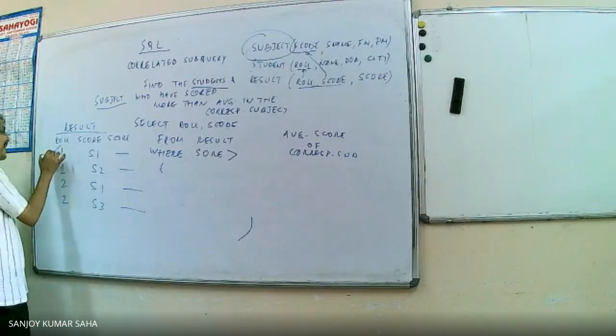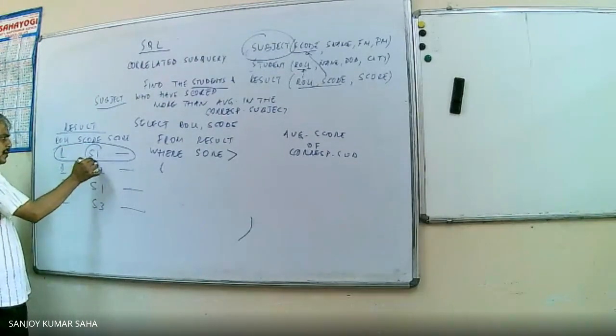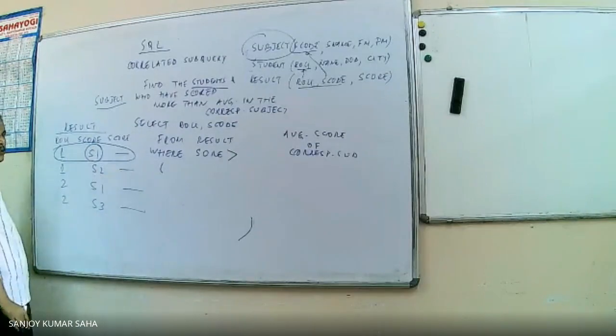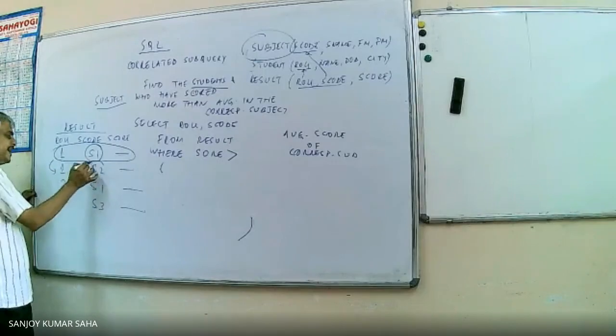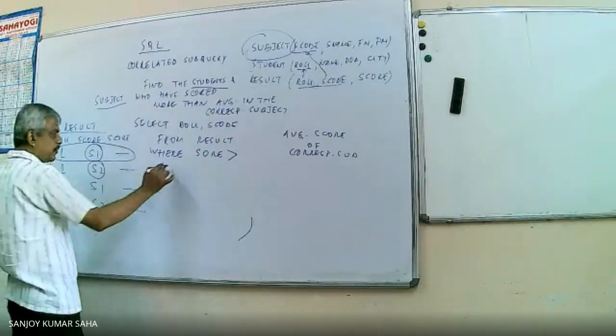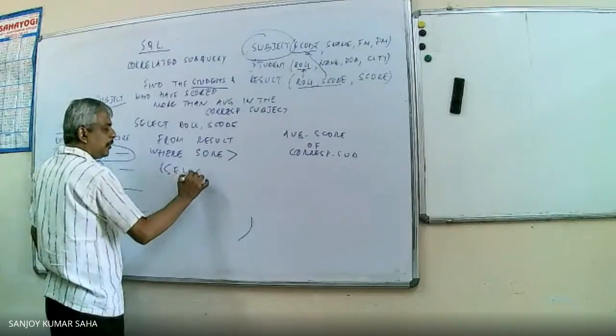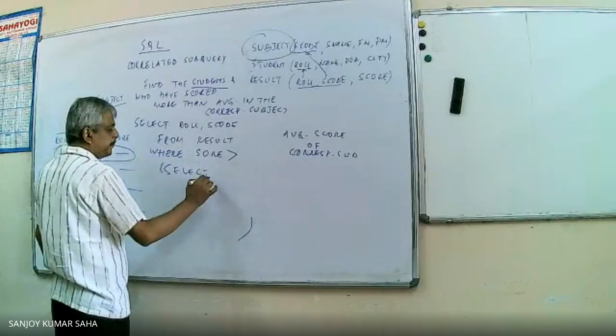So whenever we are taking a tuple from the outer query, then corresponding to this subject code, we have to find out the average score. Whenever we move to the next one, again corresponding to the subject code, we have to find out the average score. So now inner query is related with the outer query.